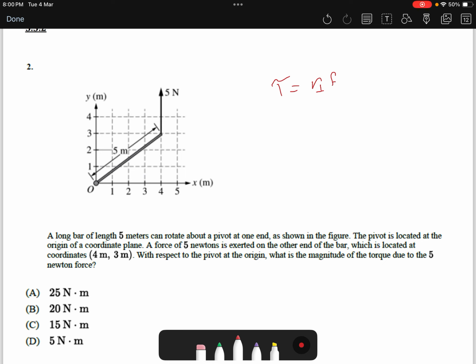Now, what is R? R is 4, right? Because this is 5, but this is not R perpendicular. R perpendicular is this one, the green one, which is 4. So R perpendicular is 4. Tau equals 4 times 5. So the answer is 20 Newton meters. So the answer is B.